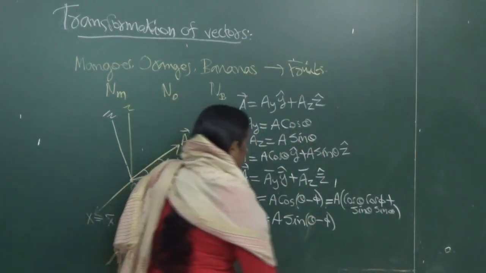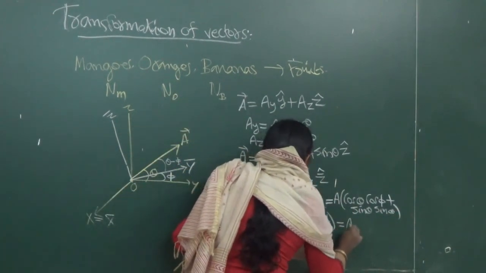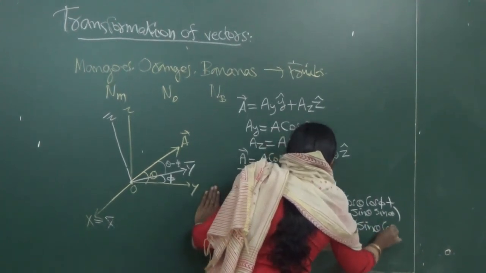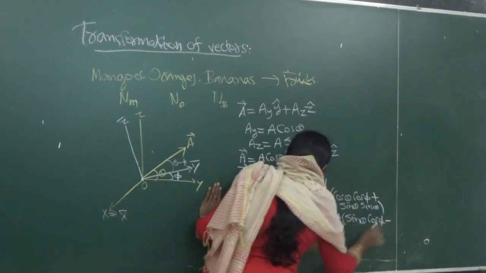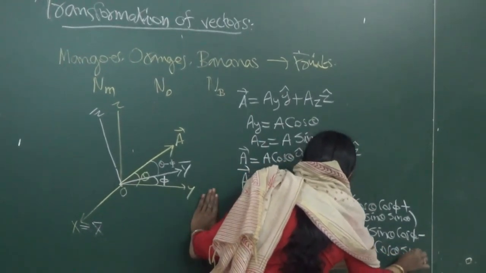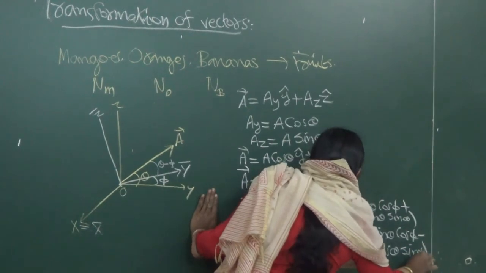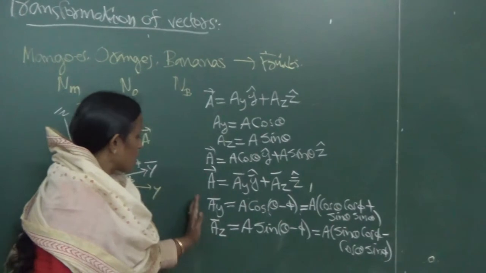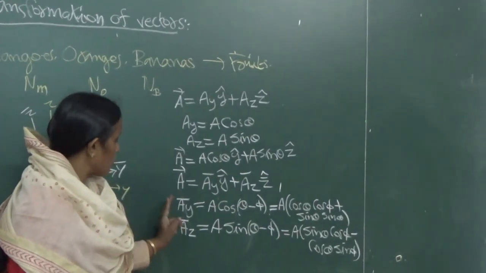What about this term? In this case, A sin theta cos phi minus A cos theta sin phi. These are the new components of vector A.